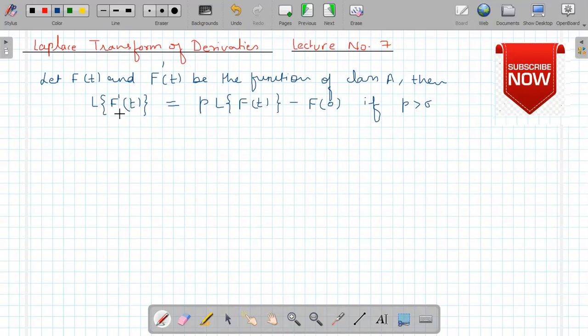So Laplace transform of first derivative, what is the meaning of f'(t)? It is the first derivative of the function f(t), that is d over dt of f(t).